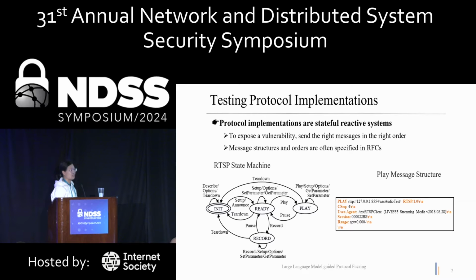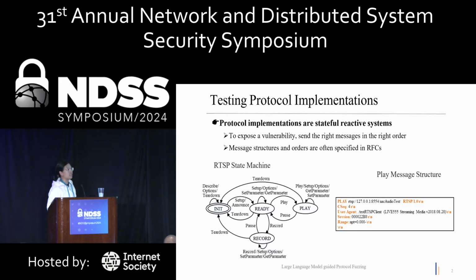Besides, each message also follows a specific structure. For example, this is the message structure for the play message. If the message structure is broken, the message becomes invalid, so it is also not able to introduce state transitions in the system.